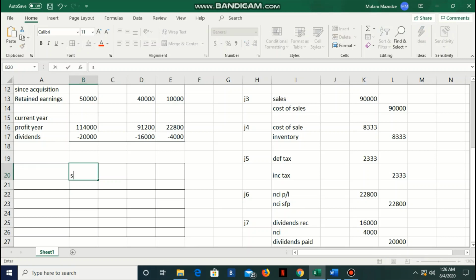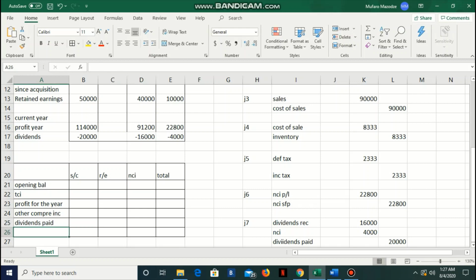I want to put share capital column, retained earnings, NCI, and then this is the total, but sometimes they don't ask it and it's not really important. You just total everything up. You do your opening balance, your total comprehensive income, profit for the year, other comprehensive income, dividends paid, and closing balance.